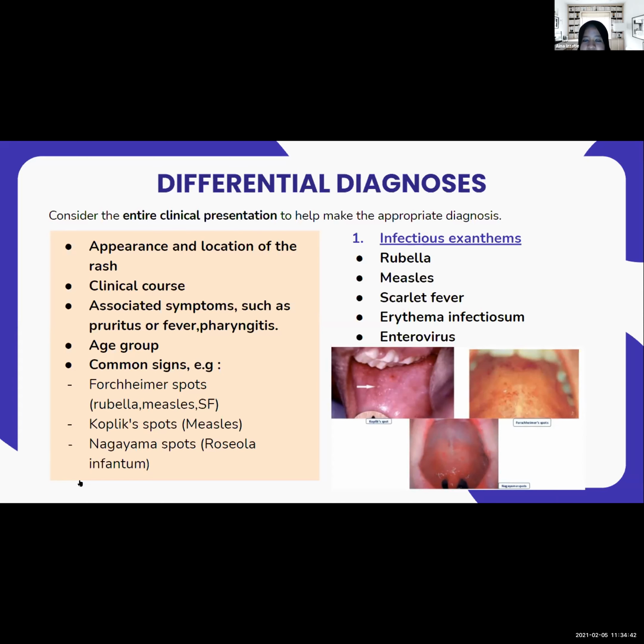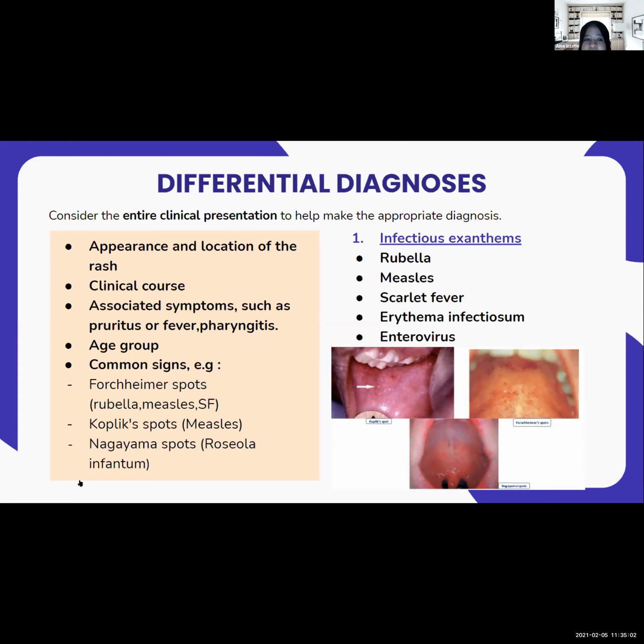But in some diseases such as rubella, there can be simultaneous presentation of fever and rash at the same time. Also, we need to consider associated symptoms such as pruritus or fever or pharyngitis, which is more common in scarlet fever. And also the age group.